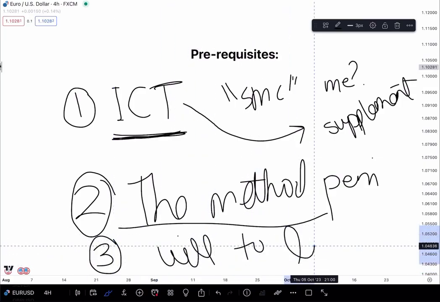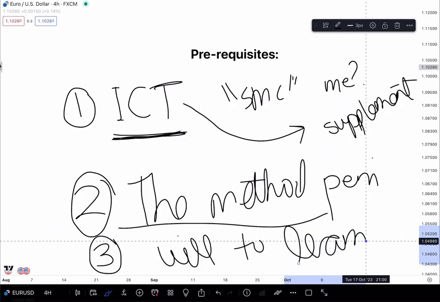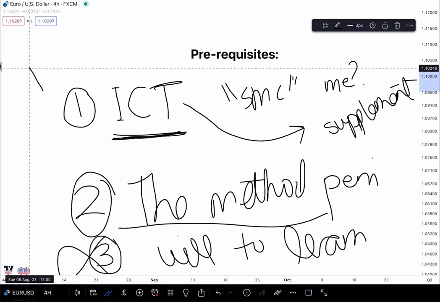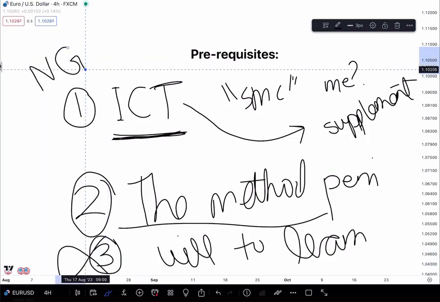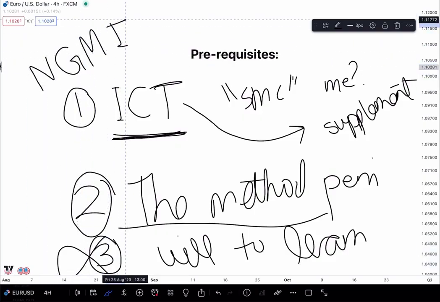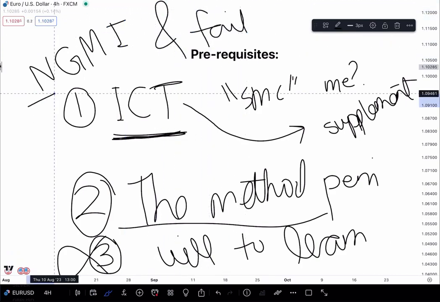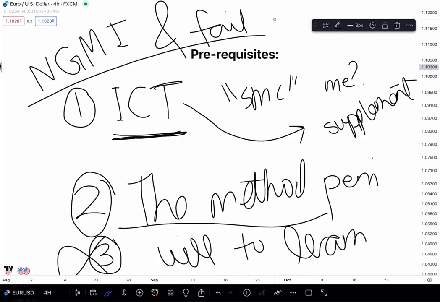Because without these 3 things, especially number 3, you will never make it, and you will fail. All right?